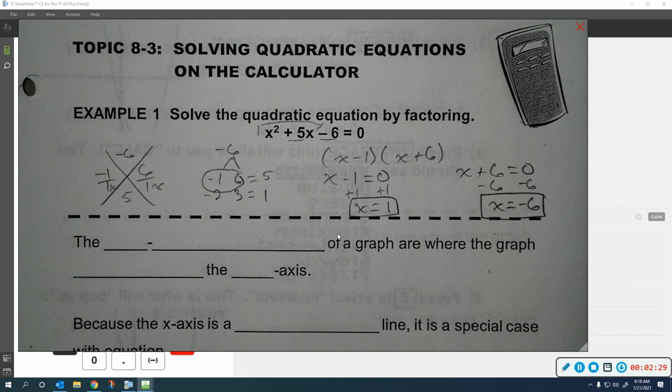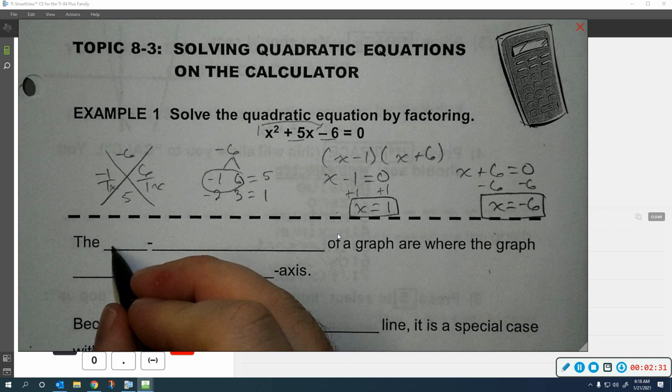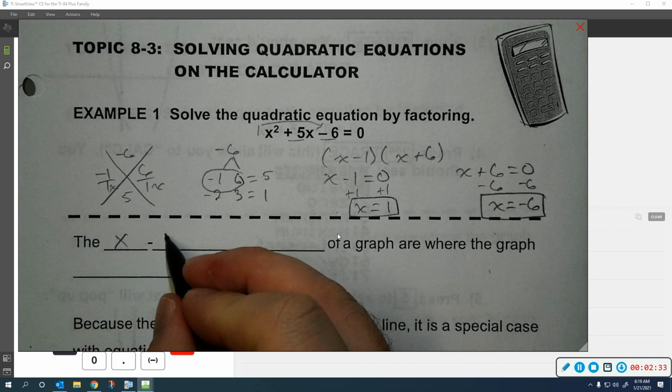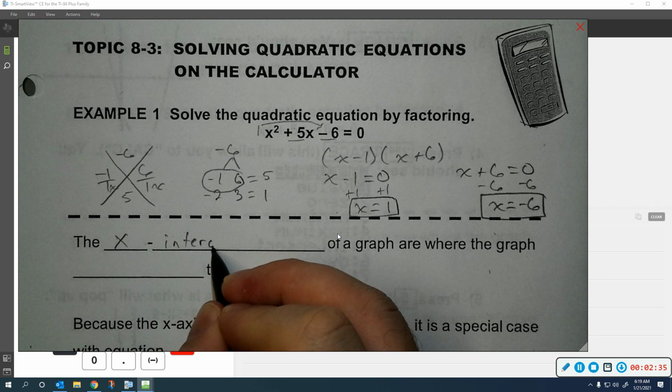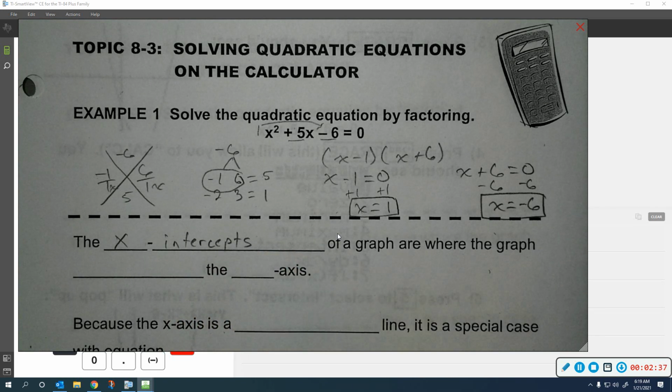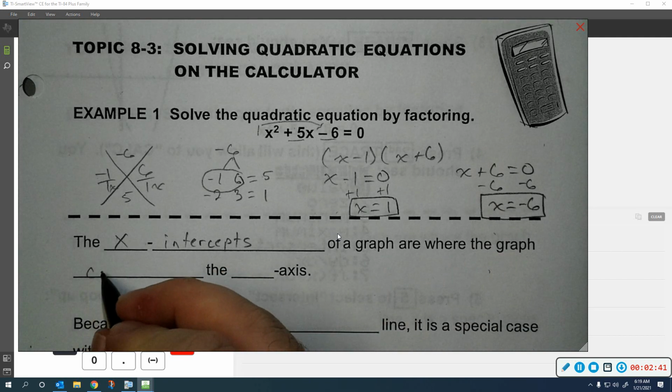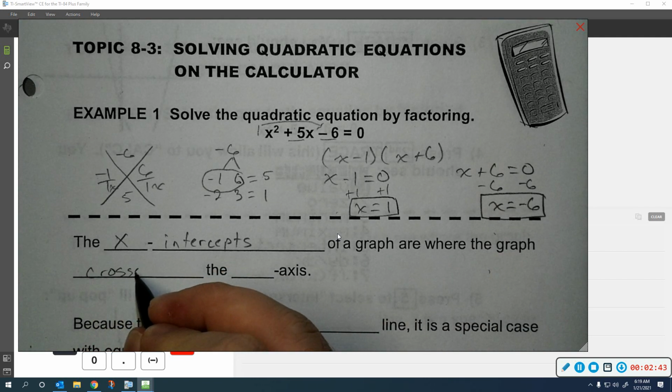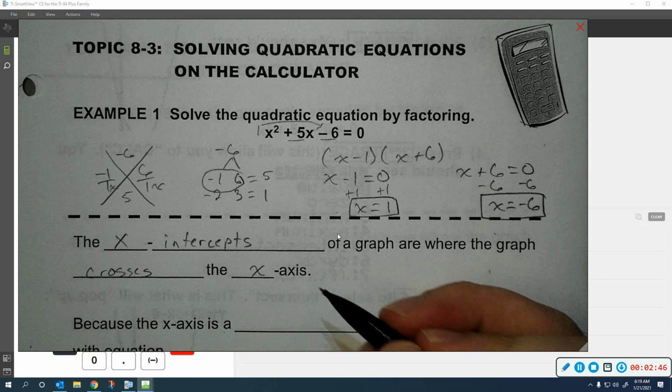Now, the x-intercepts of a graph are where the graph crosses the x-axis.